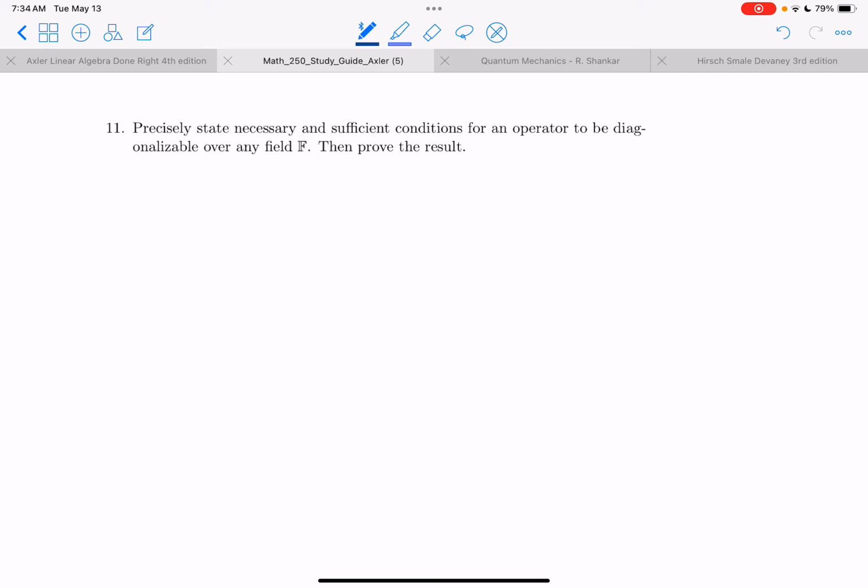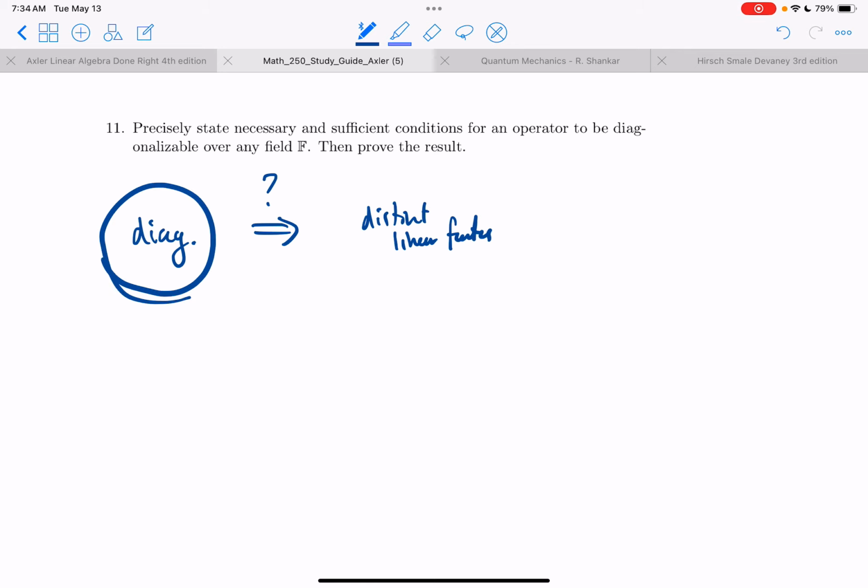So if you are diagonalizable, why does that imply that you have distinct linear factors? Well, if you're diagonalizable, you have a basis of eigenvectors. That means for each eigenvalue lambda k, t minus lambda k is 0 on the kth basis vector.